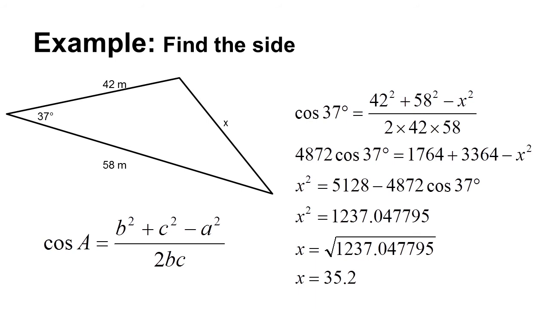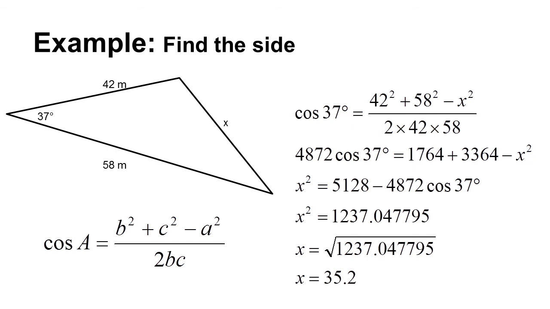So when we substitute, we get cosine of 37 degrees is equal to 42 squared plus 58 squared, subtracting x squared, which is the opposite side, and then that's divided by 2 times 42 times 58, noticing again in the denominator that they're the two sides adjacent to that angle.